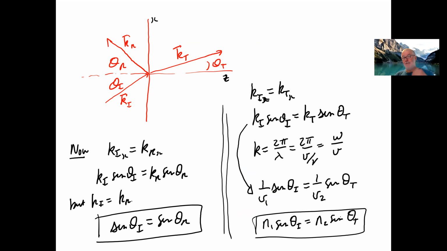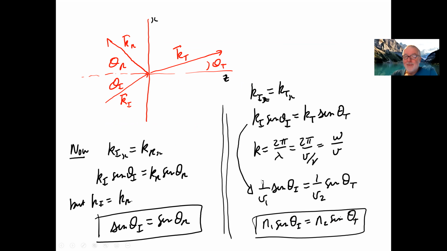The third thing I get from that is that the x component of the incident wave, kix, is equal to ktx. And so what that tells me is that ki times sine theta i is equal to k transmitted times sine theta transmitted. But k is equal to 2 pi over lambda, which is 2 pi over v over the frequency, which is equal to omega over v, the angular frequency divided by the wave speed.